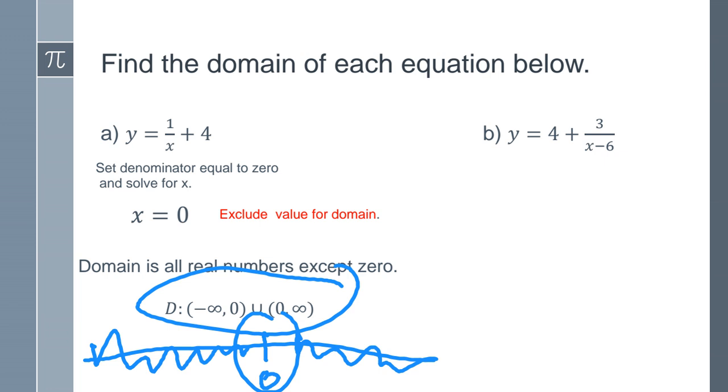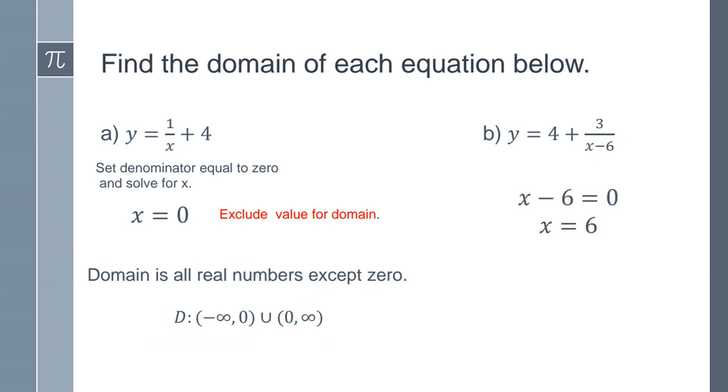So let's try a different one. For letter B, y equals 4 plus 3 divided by x minus 6. Is there a fraction with a variable in the denominator? Yes. So that should ring bells: that has exceptions or restrictions. To find those restrictions, we set the denominator equal to 0 and solve for x.